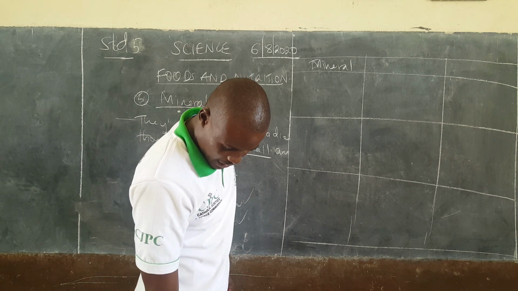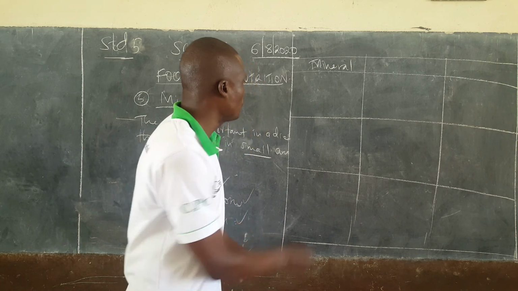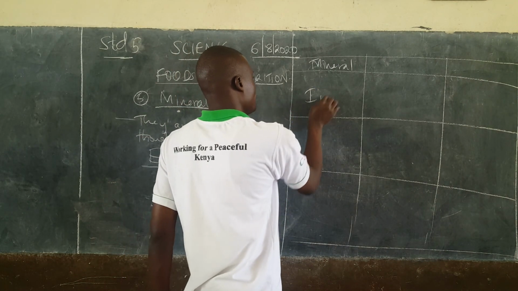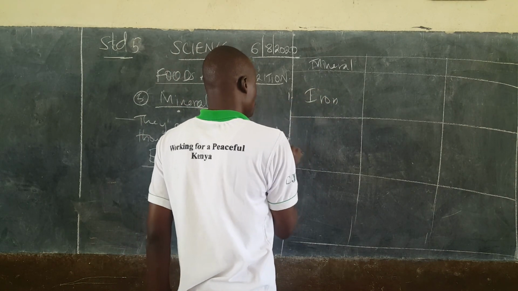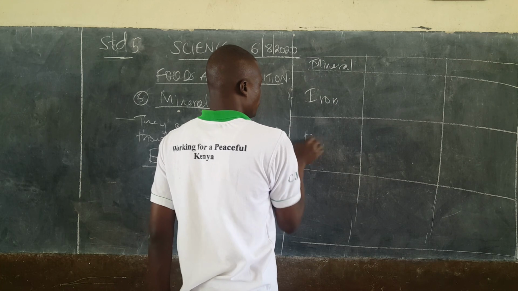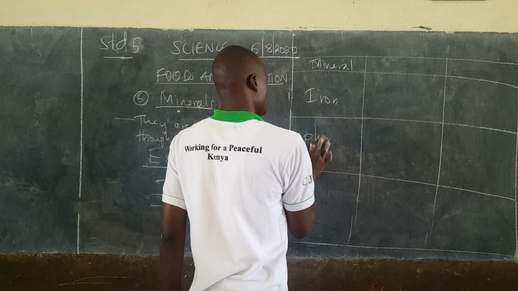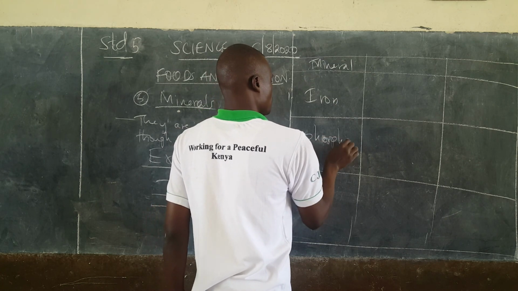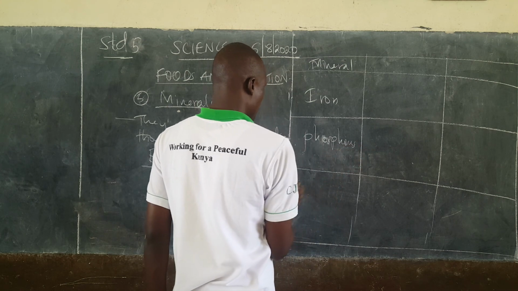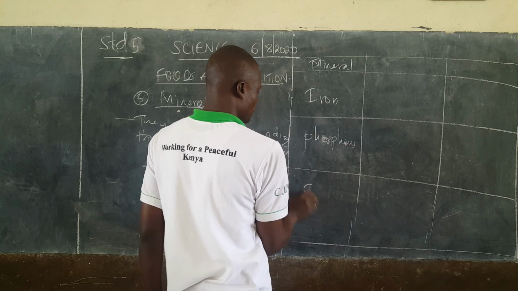In the first line, we are going to have the mineral, of which we have iron here, number 1. Then number 2, we are going to have phosphorus, as I said. And then number 3, we are going to have calcium.